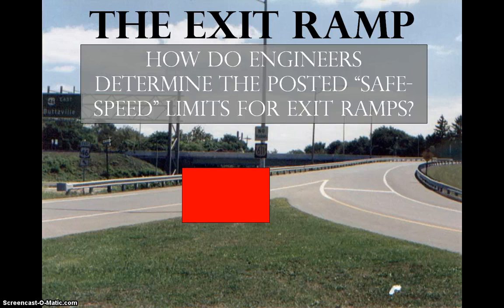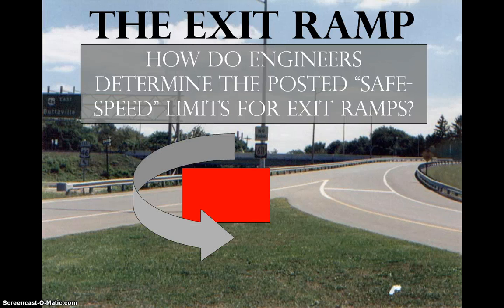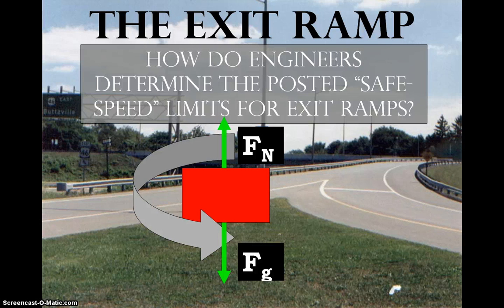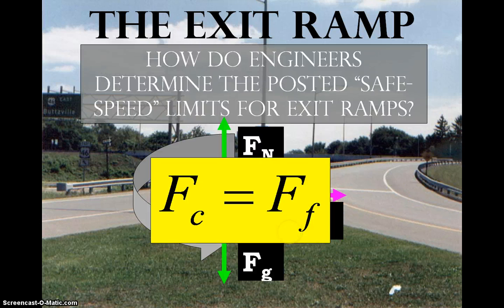So if we wanted to draw a free body diagram, okay, this is the car and it's going around a curve. It's going to have the force due to gravity down, or the weight of the car down onto the pavement. It then has the normal force in response, and it has a friction force inward, into the turn. So if you ask yourself what is causing the turning, or what is causing the centripetal force, it would be force due to friction, okay?